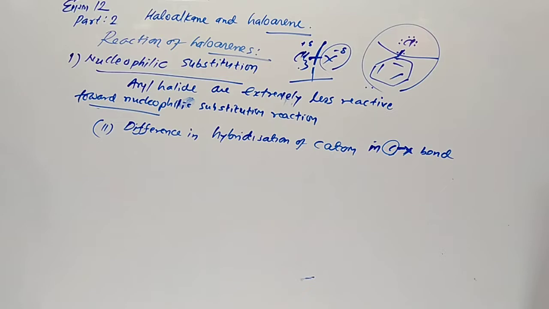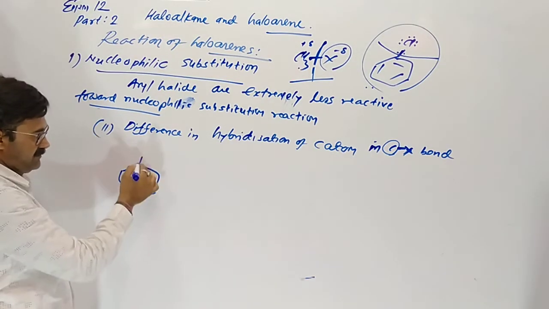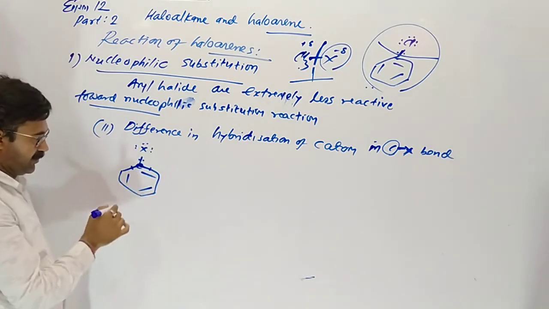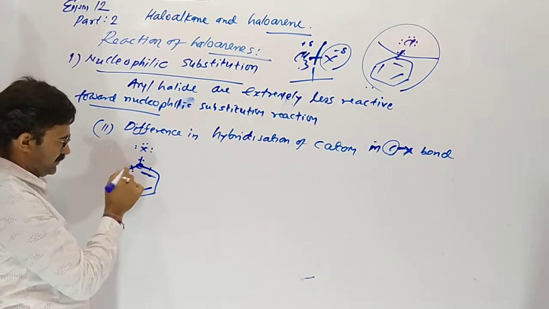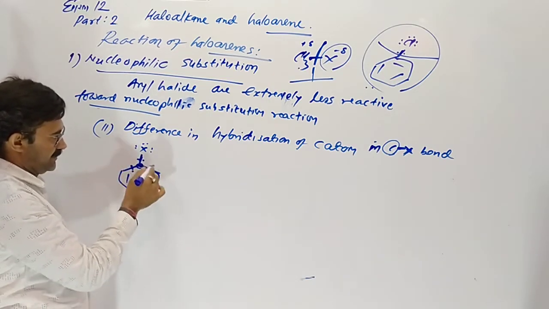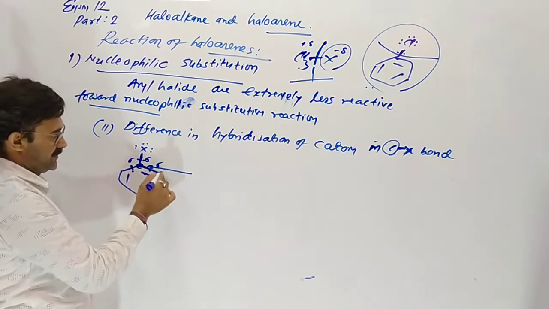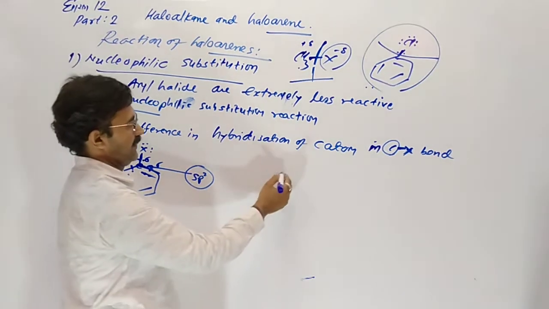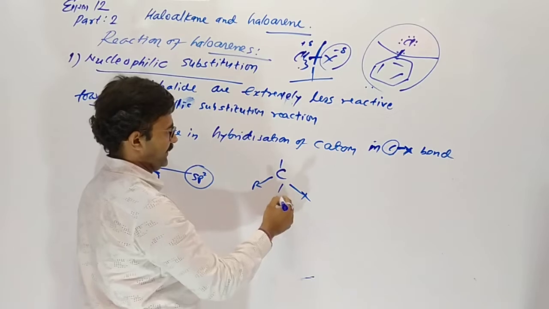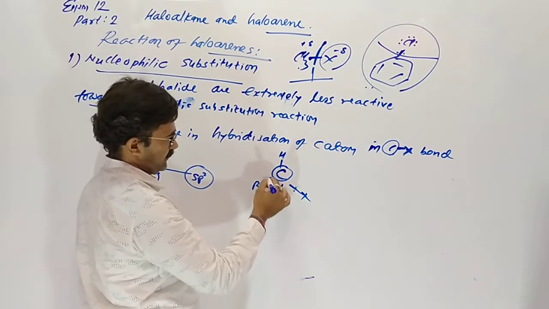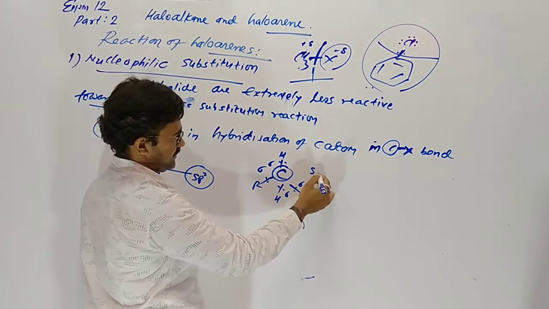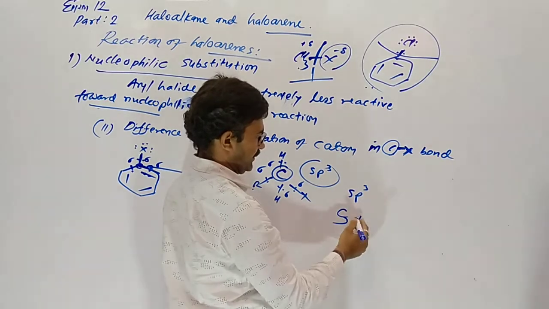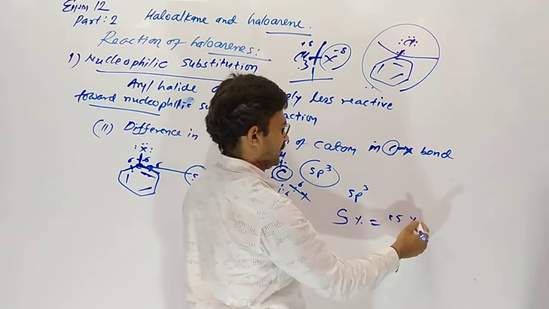Halogen containing carbon in haloarene: here 1, 2 and 3 bonding pairs. This is the pi bond. In hybridization we consider only sigma bonds. So this halogen containing carbon is sp2 hybridized. In haloalkane, our halogen containing carbon has 4 sigma bonds, which is sp3 hybridized. In sp3 hybridization, the character of s is 25%.